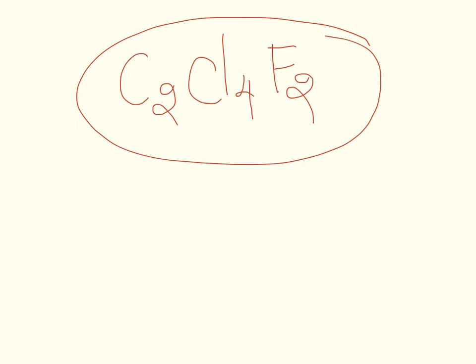So what does this formula tell us? Of course, from here, like we said before, we can find out the molar mass. Okay, but this will also tell us how much of each element is present. So what is the mass percent of each element that is present in this compound?